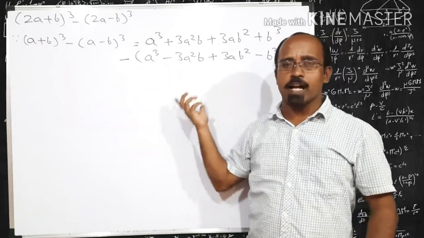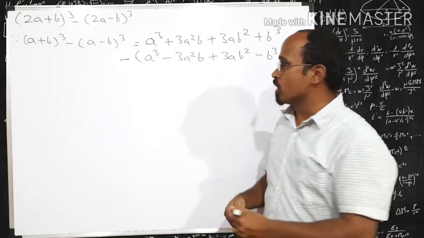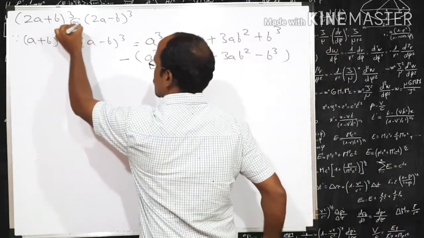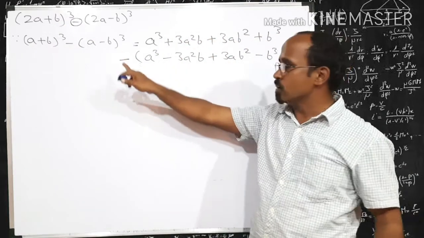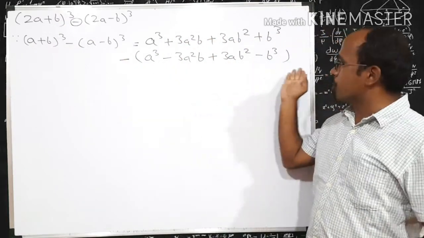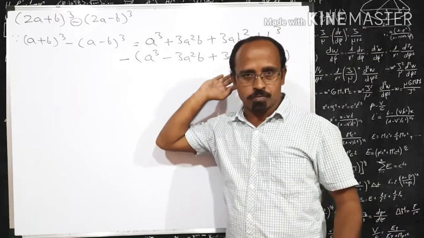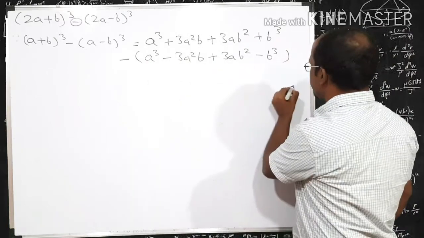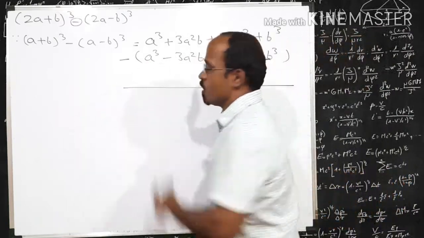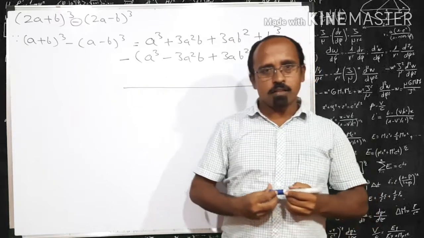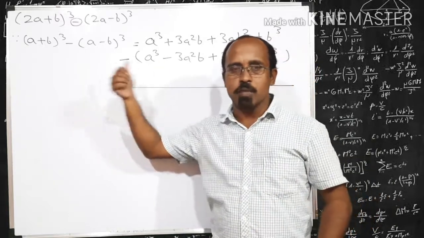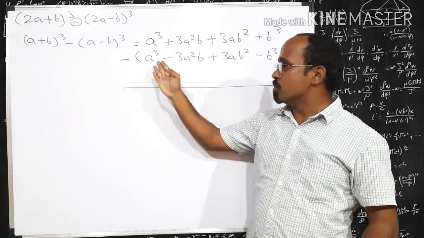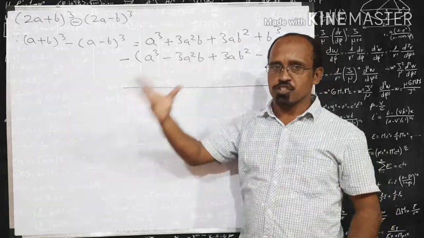Next thing is either add or subtract, which totally depends upon this symbol. This symbol is of subtraction. So we have to subtract this second bracket from the first one. And we know, while subtracting a bracket, if the symbol outside the bracket is minus, the symbol of each and every term inside the bracket will change.